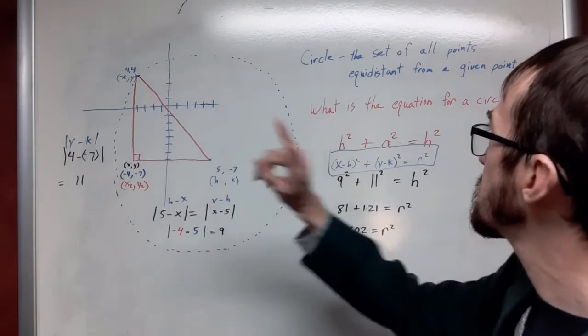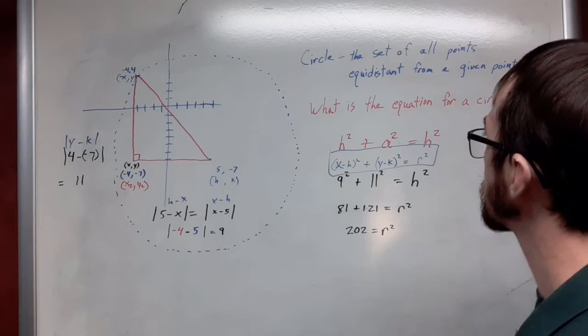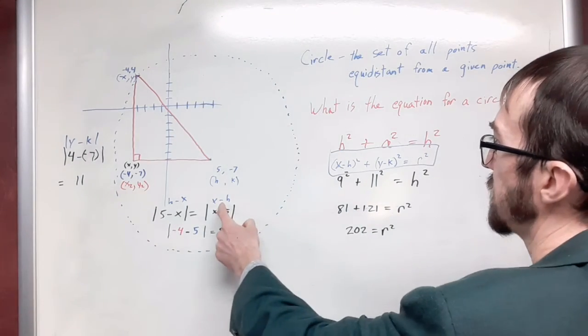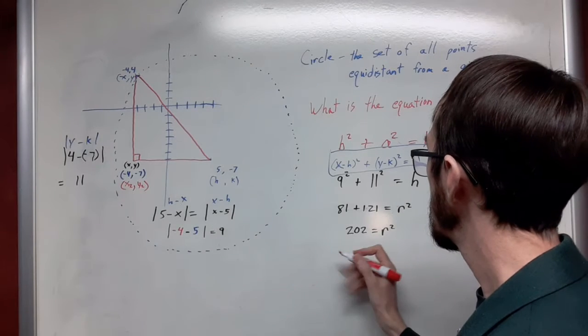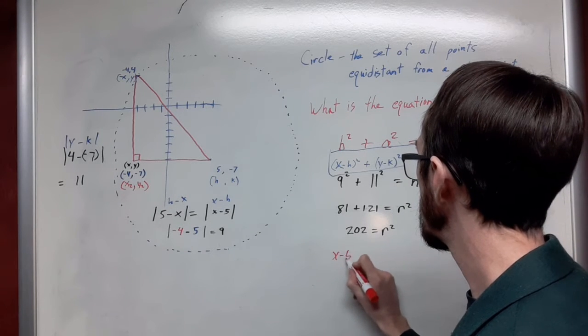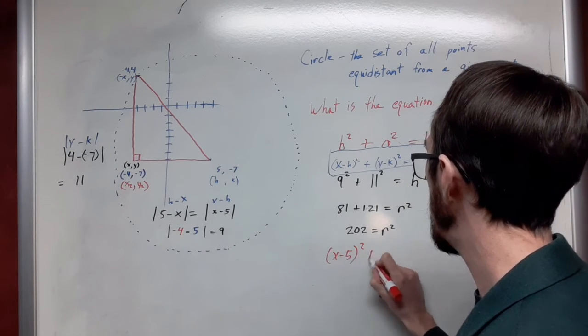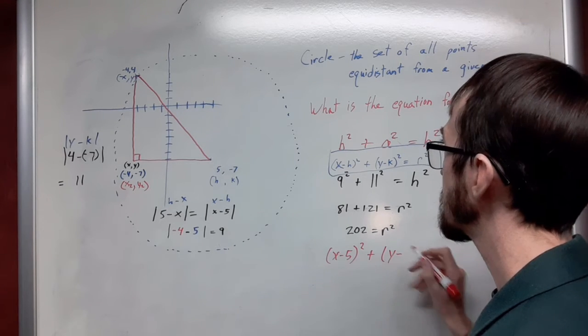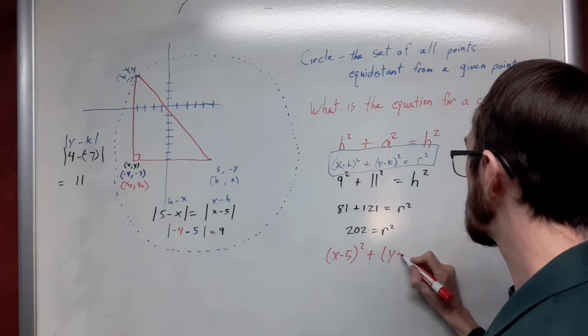So let's answer specifically the question, what is the equation for the circle? Well, I took x minus h, which was x minus 5, and I squared that, and I added to that y minus k, which is negative 7.